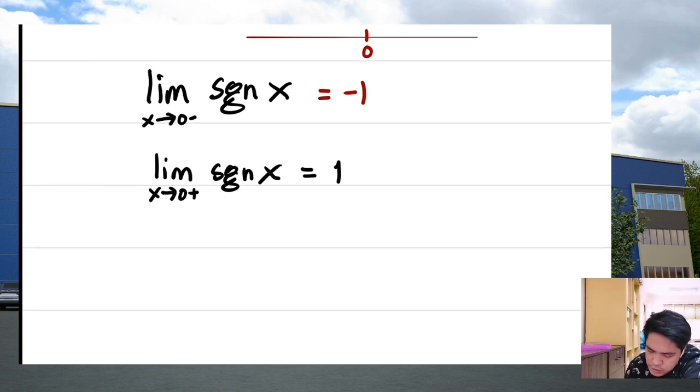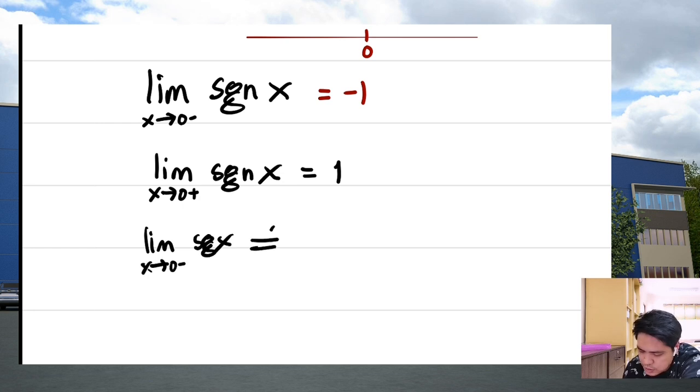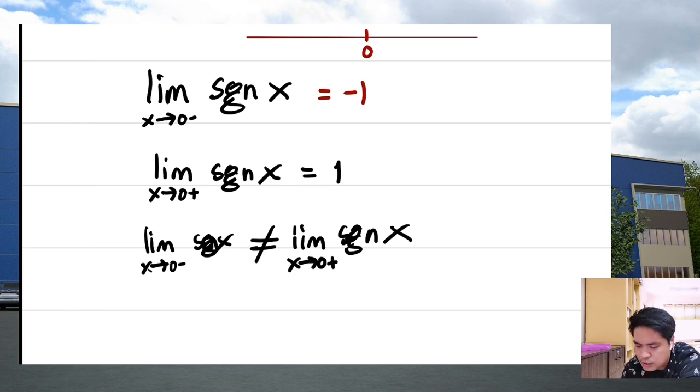Now, if you notice, the limit of the signum of x as x approaches 0 from the left is not equal to the limit of signum x as x approaches 0 from the right. They are not equal.